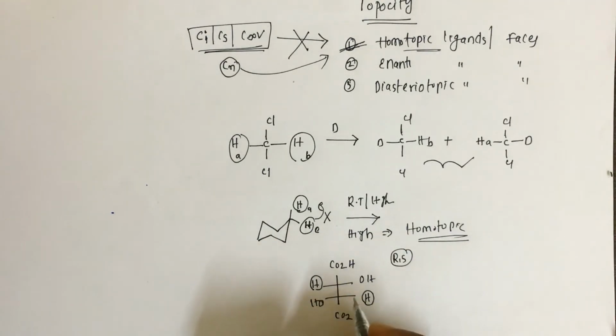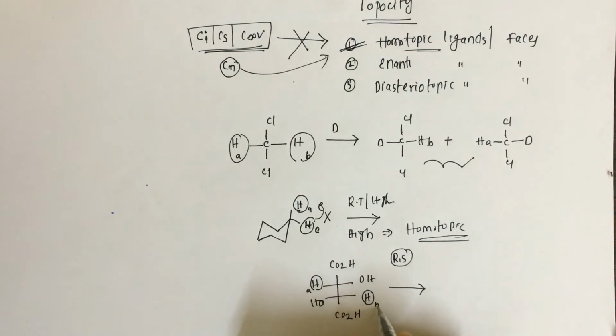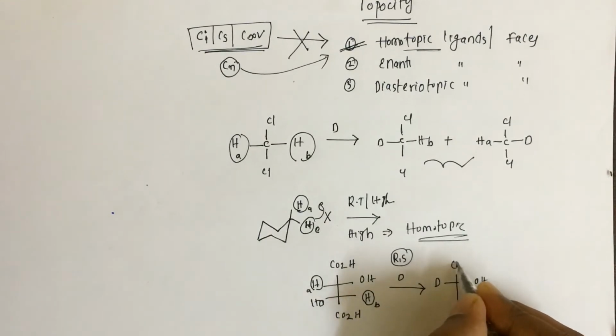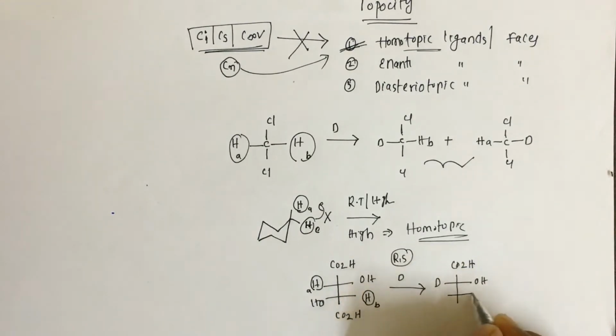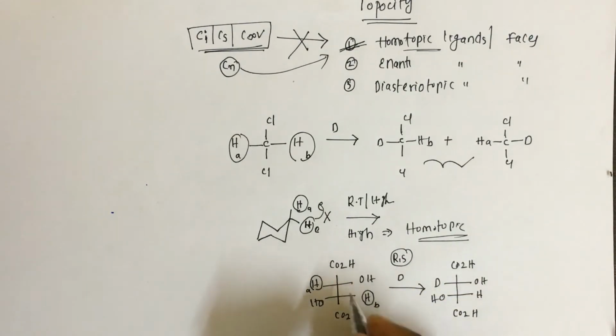Here they are asking what the relationship is between these two hydrogens. First we replace this Ha hydrogen, and then the Hb hydrogen, by deuterium, so that we get D, OH, CO2H, OH, H, CO2H, and we'll give the RS nomenclature here.